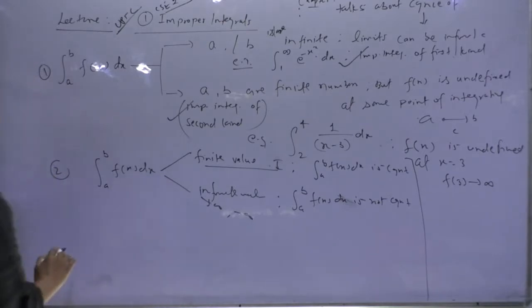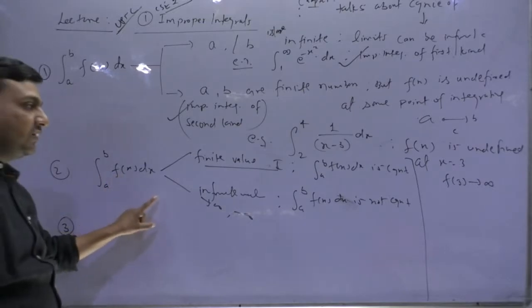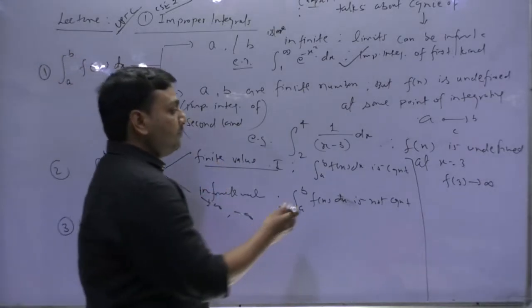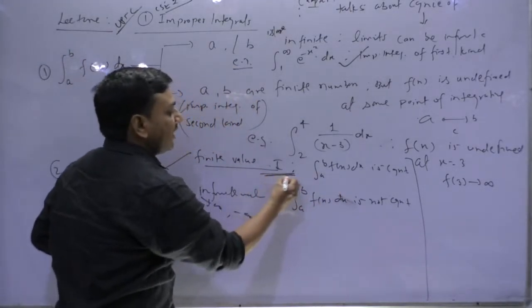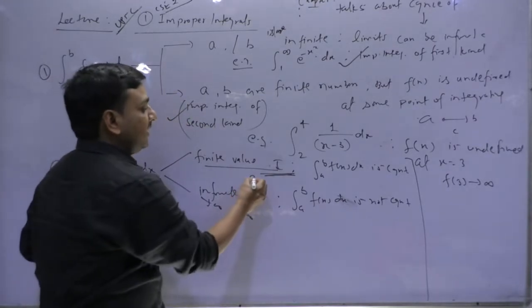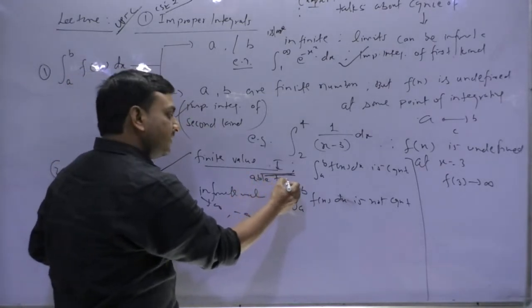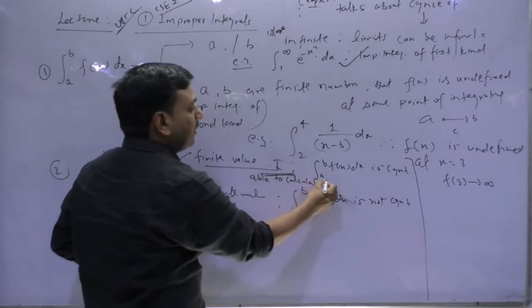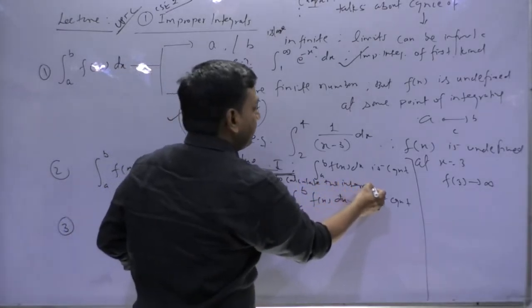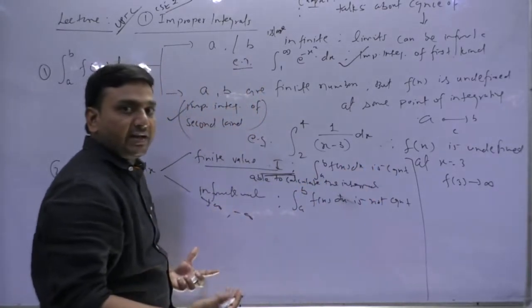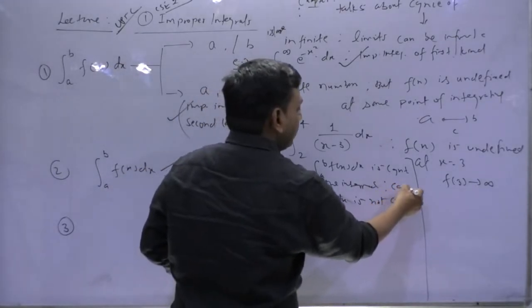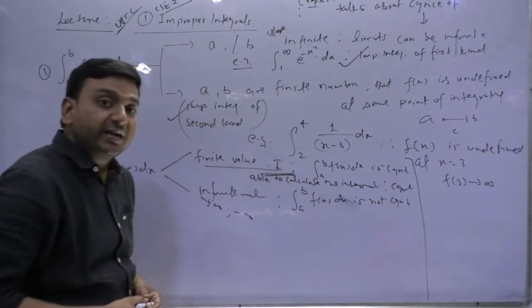So that is our third point: if I want to check the convergence and if I am able to calculate the integral and the value comes out as finite, we will say that the given integral is convergent.